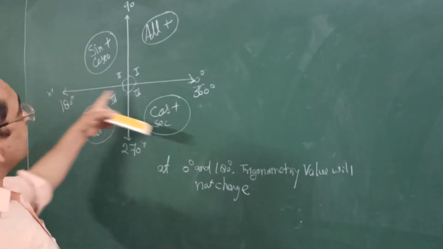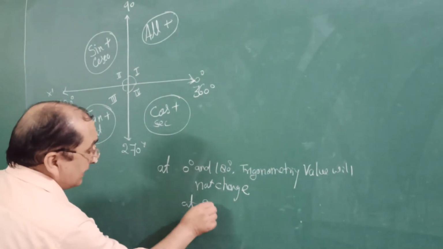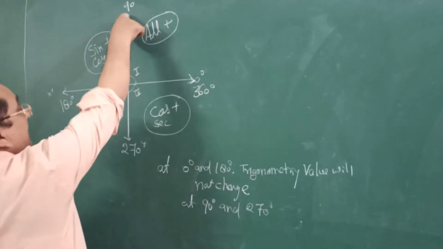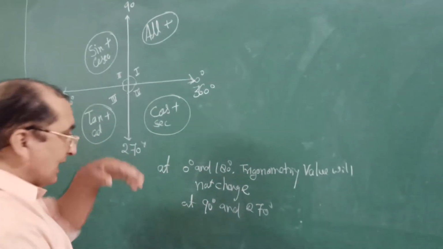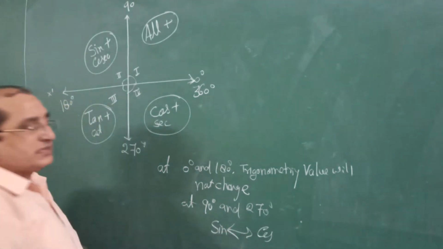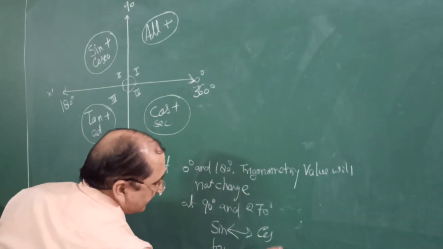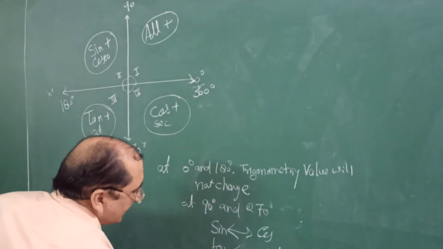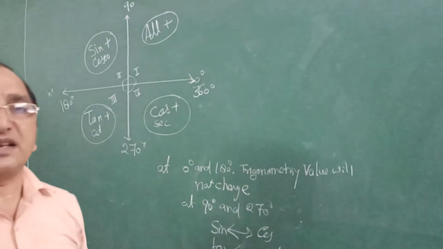Here and here, the trigonometric value will not change. At 90 degree and 270 degree, the trigonometric value will change. Sine will change into cos, cos will change into sine. Tan will change into cot, cot will change into tan. Sec will change into cosec, and cosec will change into sec.